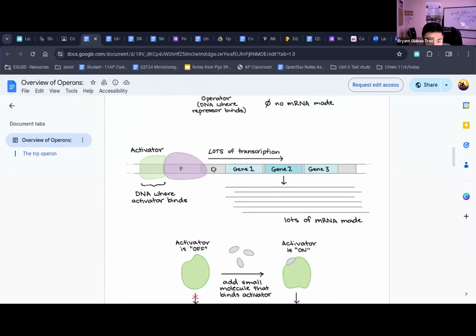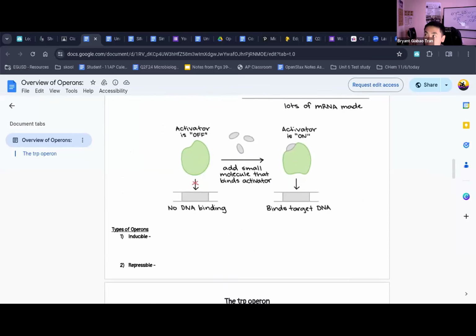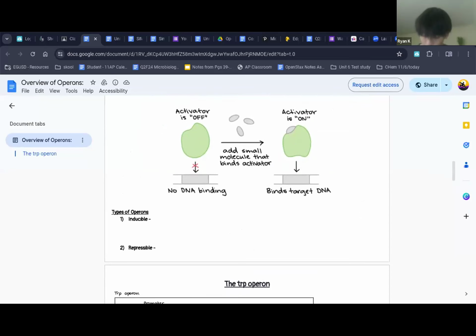Also, I forgot what this thing was. I think the inducible and repressible operons are different operons in how they work. On my notes it says inducible means turning an operon on or inducing transcription, and it uses an inducer.